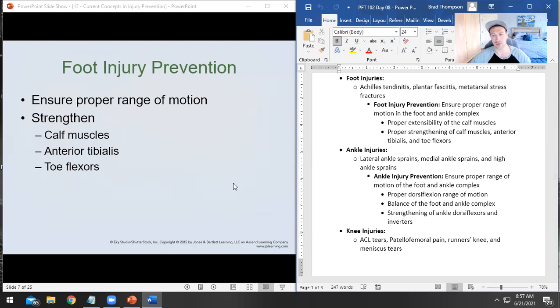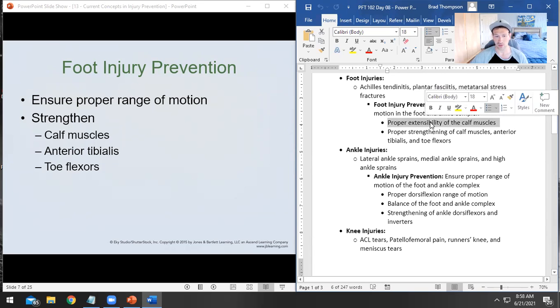So when it comes to foot injuries, whether it's plantar fasciitis, tendonitis, or stress fracture, the big thing that we're focusing on for injury prevention is proper range of motion of the foot and ankle complex. So we need proper extensibility of your calf muscles.